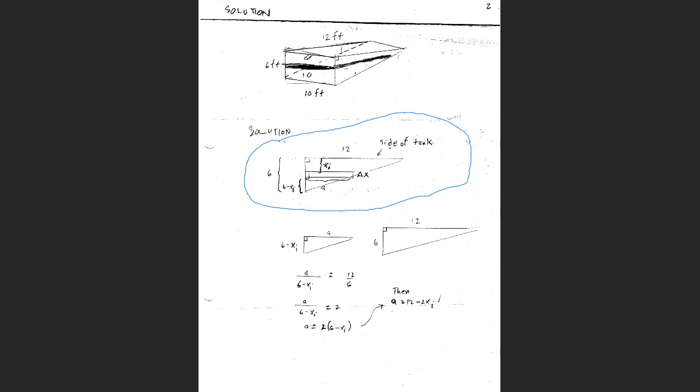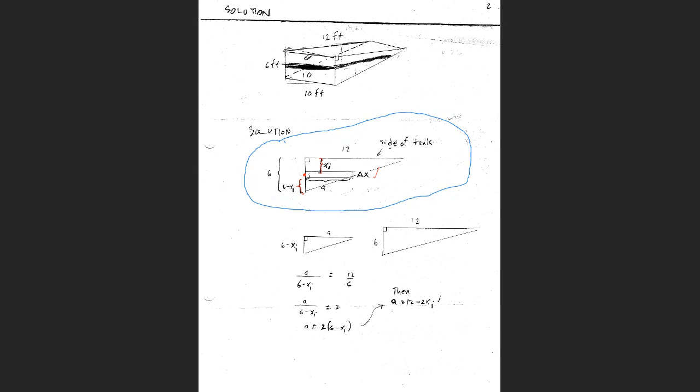So there's the side of this tank, and the ith layer of water is here, has height delta x, and it's x sub i feet from the top of the tank. Well, since the tank is 6 feet high, this distance here would be 6 minus x sub i.